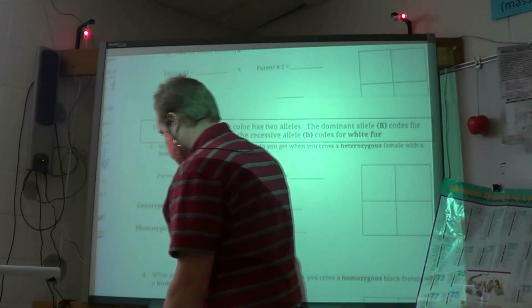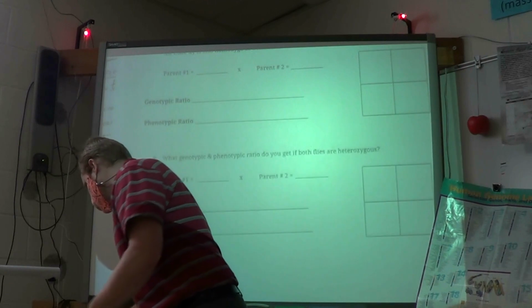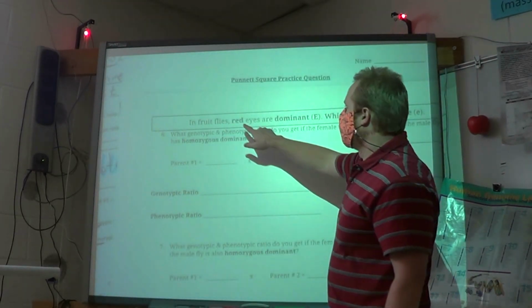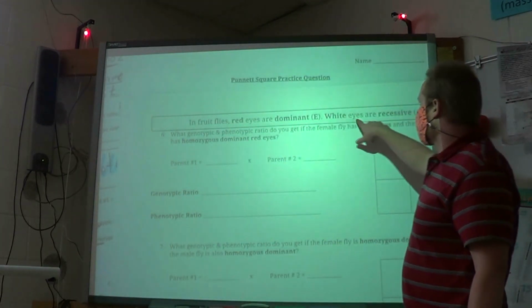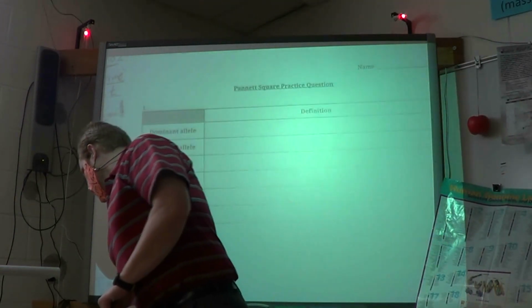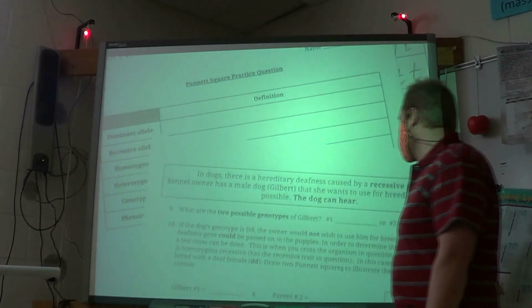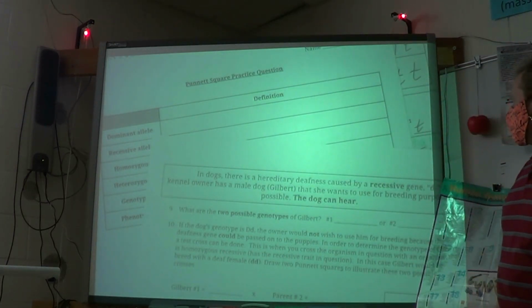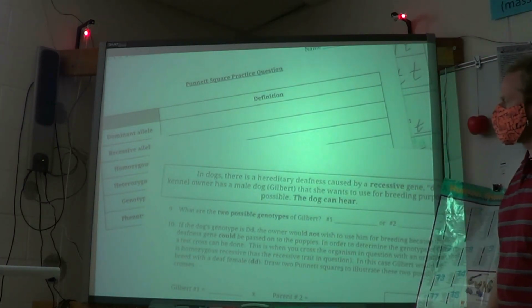When you get to a different page, page number 3, it talks about fruit flies with red eyes that are dominant over white eyes, which are recessive, and we ask you to use letter E's. And then on the back, it talks about hereditary deafness in dogs as a recessive trait.